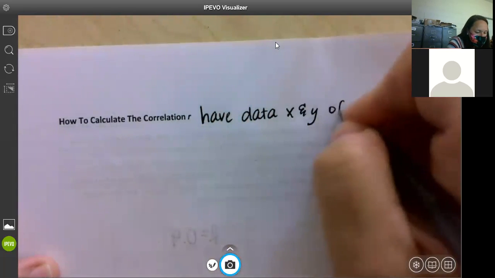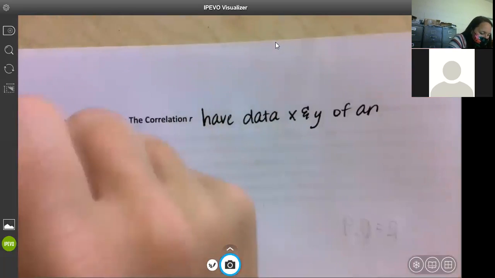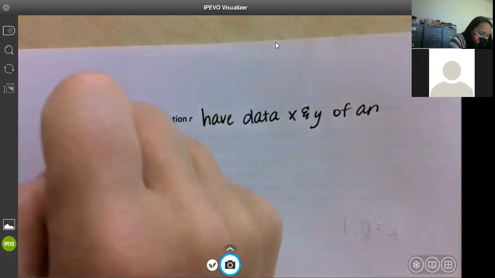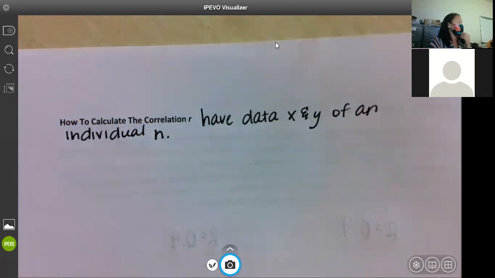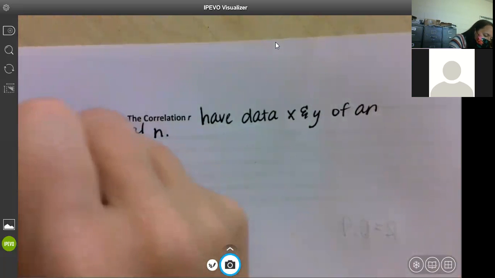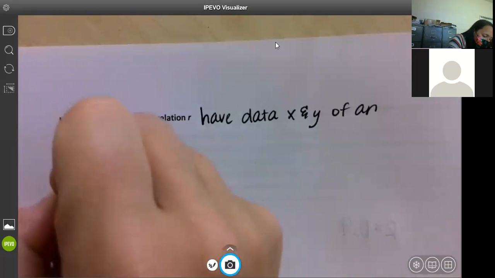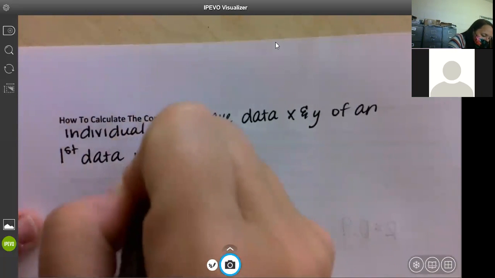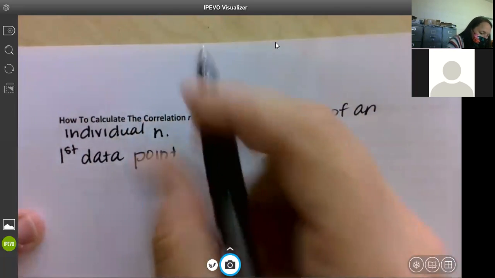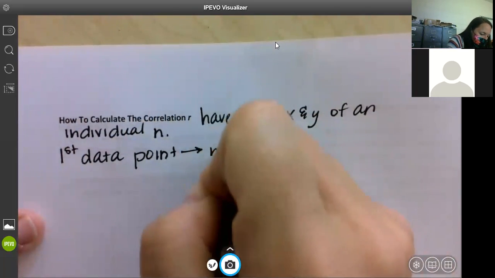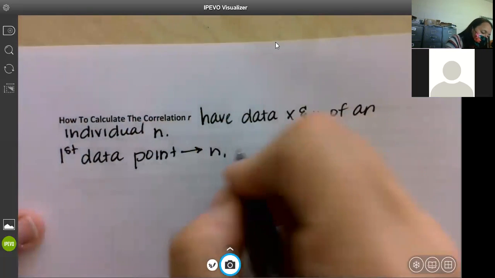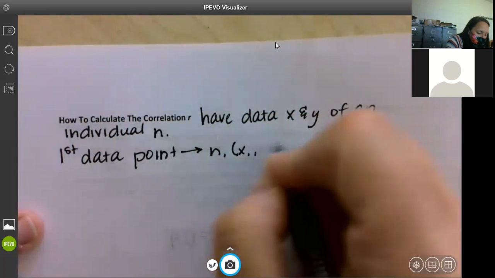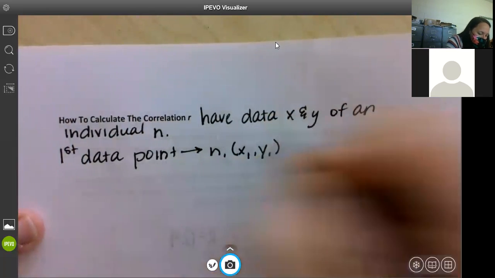Have an individual N, and remember N stands for the observation. So when we label this, your first data point, so your first observation, N1, we will label X1, Y1.